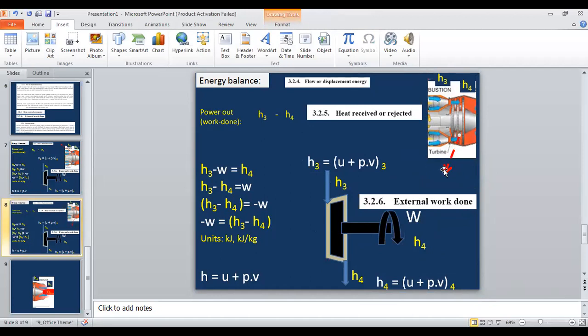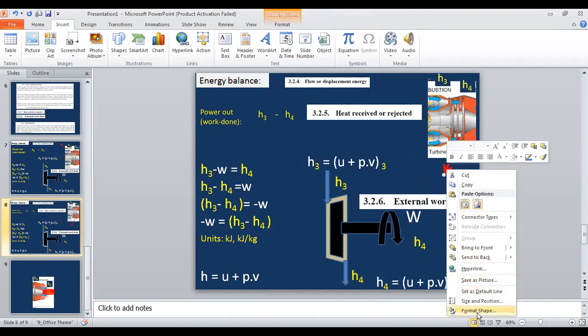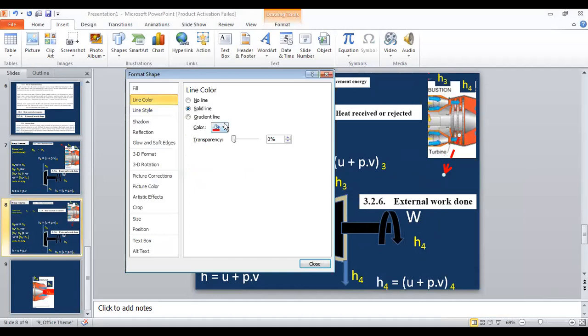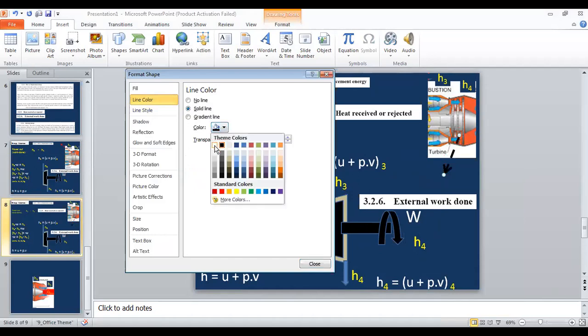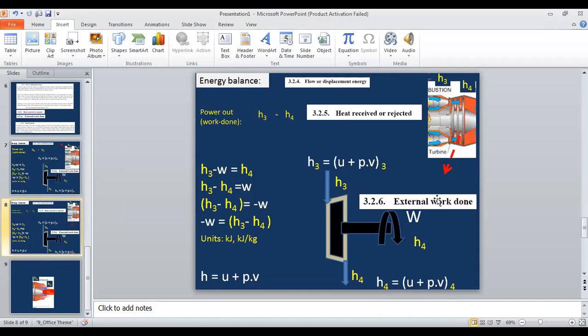So let's say this heat rejection is Q. Heat loss.